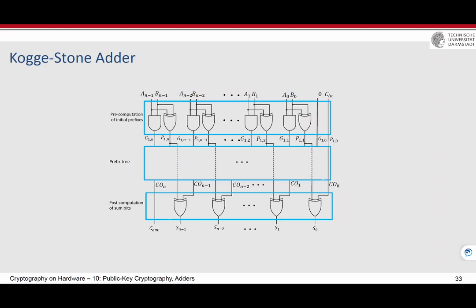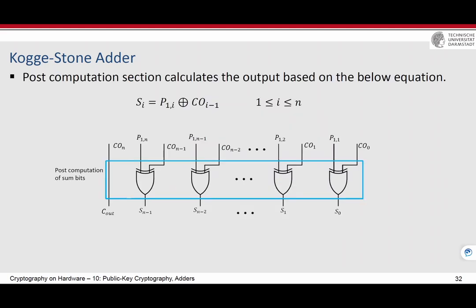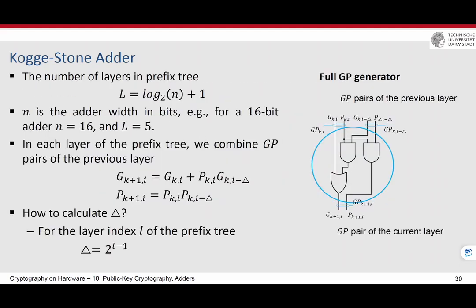And one important thing that we did not discuss much is the number of layers. If you consider carry in as a separate input, then you need log2 n plus 1. If you completely ignore the carry in, say my adder doesn't have the carry in, then you will have just log2 of n layers.